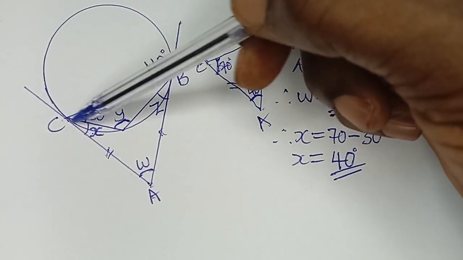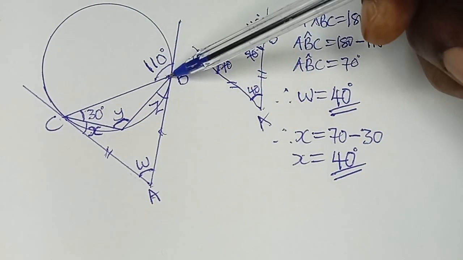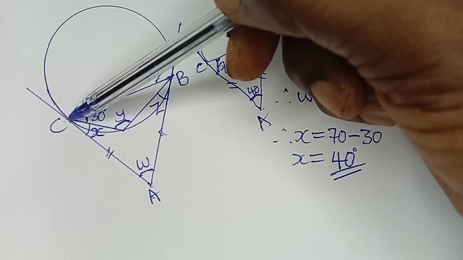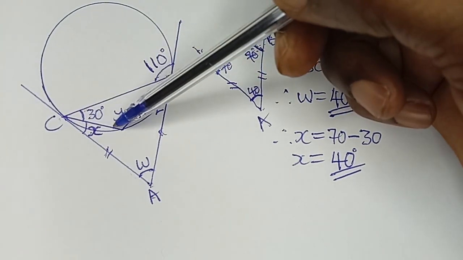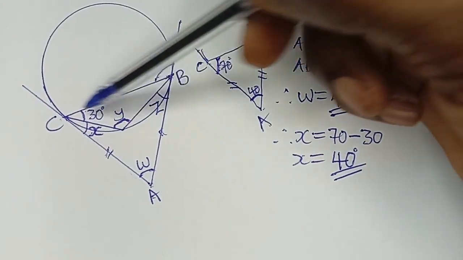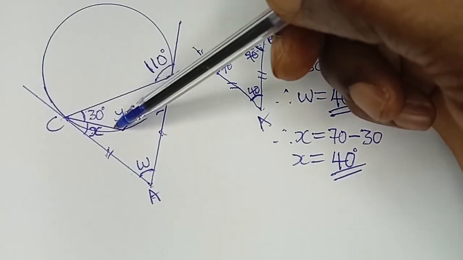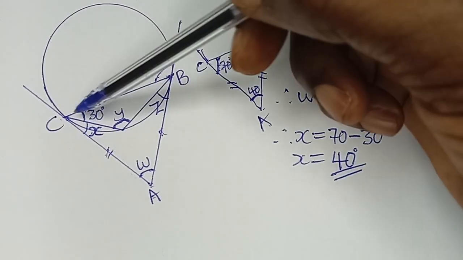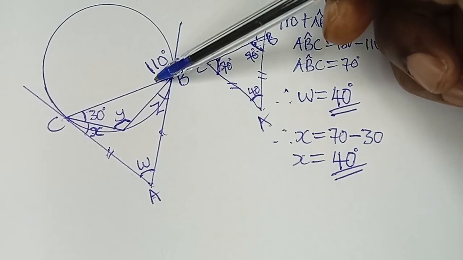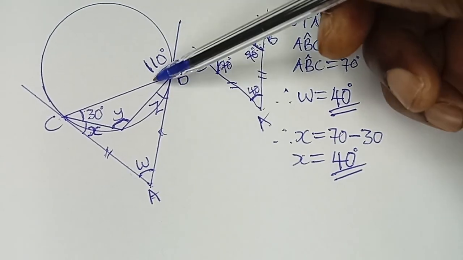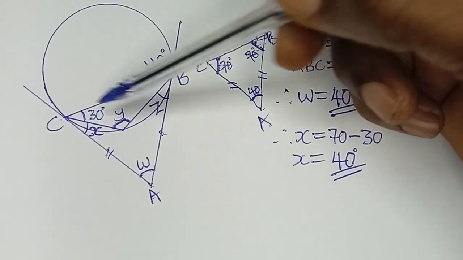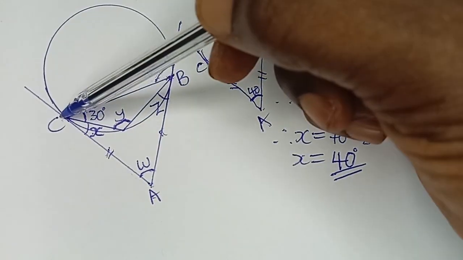Don't forget, this is the triangle that this chord BC makes in the circle. And a line is equivalent to its opposite angle. So it is this line that makes this angle in the triangle. If BC is making 110 with the tangent, in the same way BC will also make 110 inside the triangle that it forms.